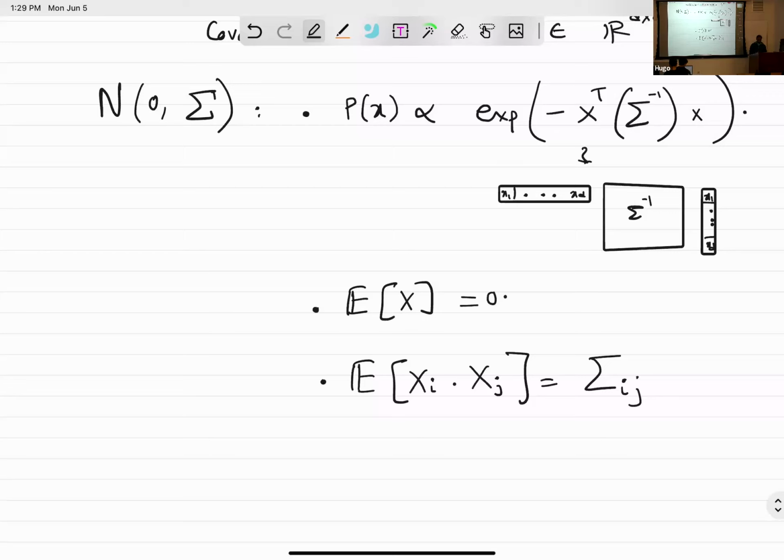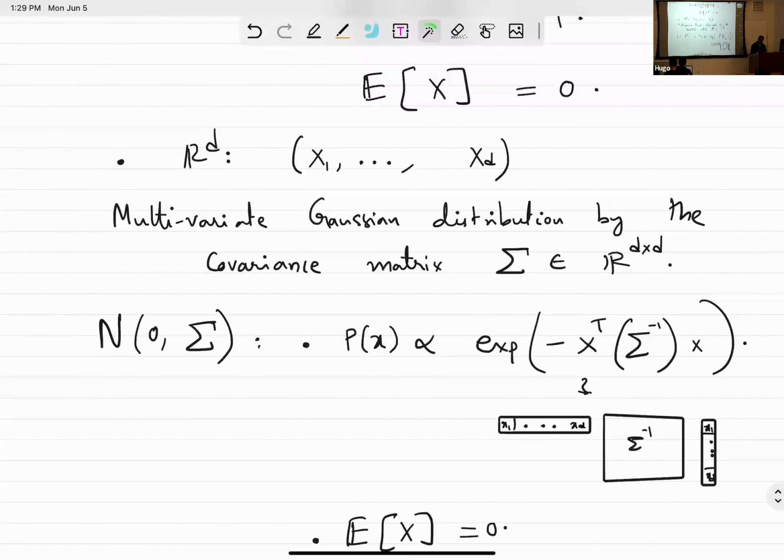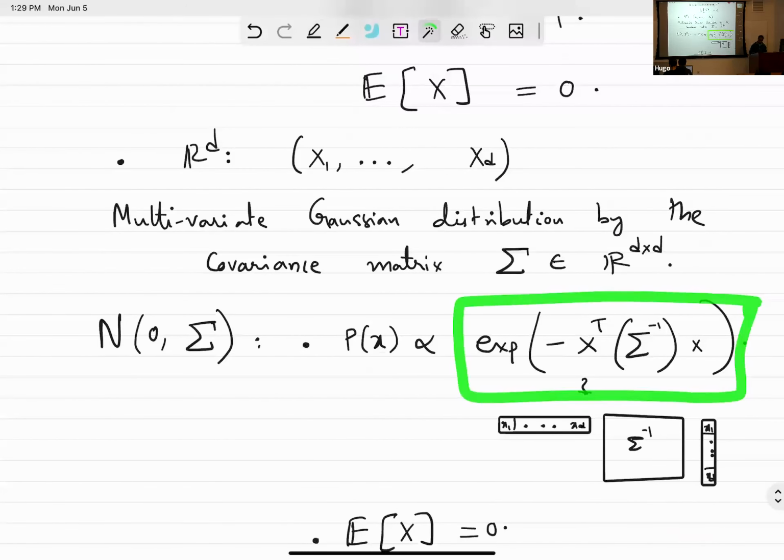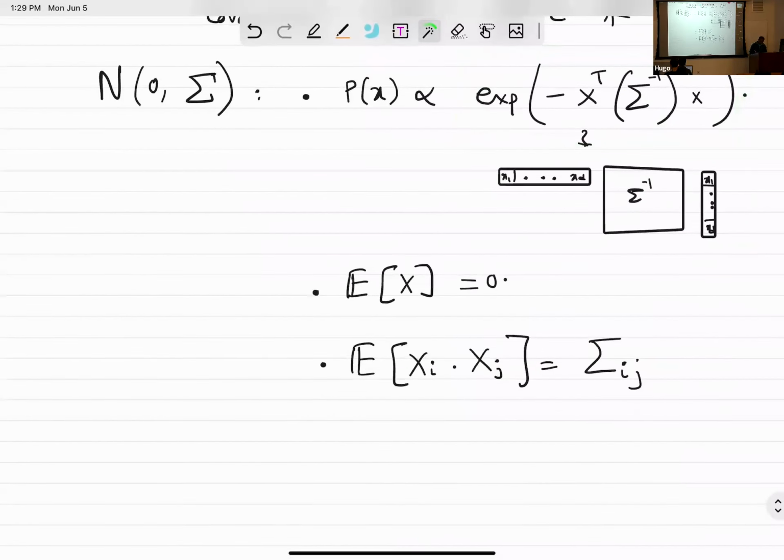Now, this expression should ring a bell with something that we saw earlier. Okay, so why is that? We can think of P of X as proportional to, we want to write it as a summation.